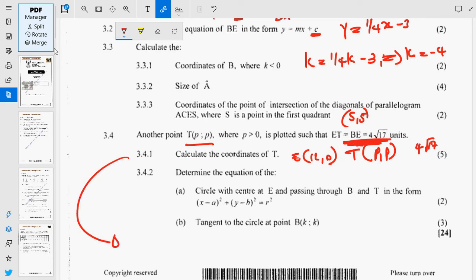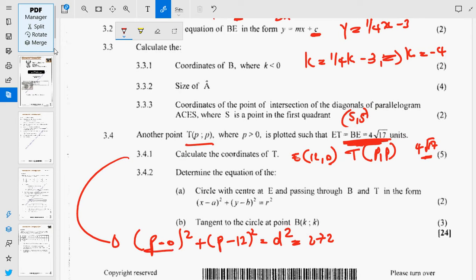So if I take this as my first point and this as my second point, and I use the distance formula, then I can see that (p - 0) squared plus (p - 12) squared is equal to the distance squared. So if you square this, you're going to get 272. So now you have the equation. It looks like it's going to be a quadratic equation.